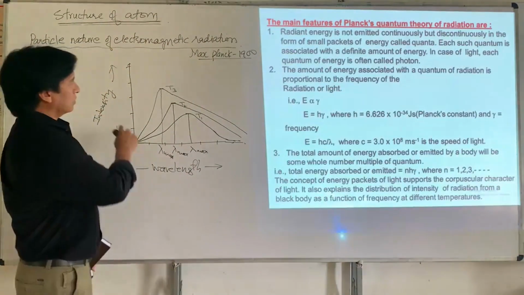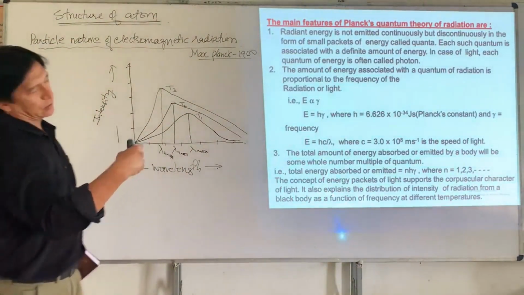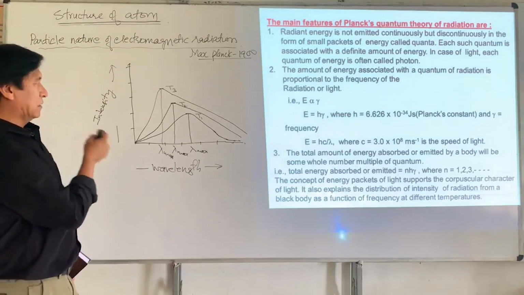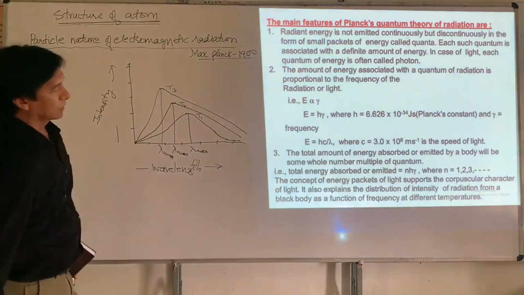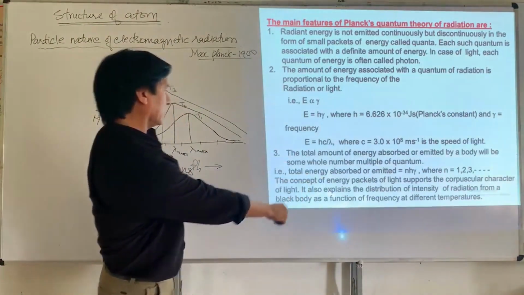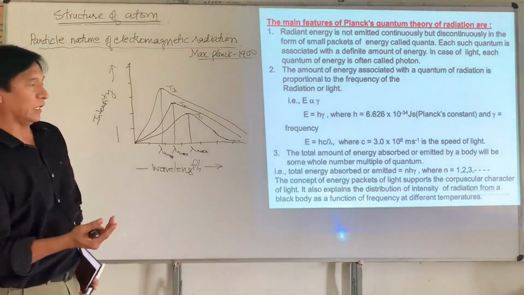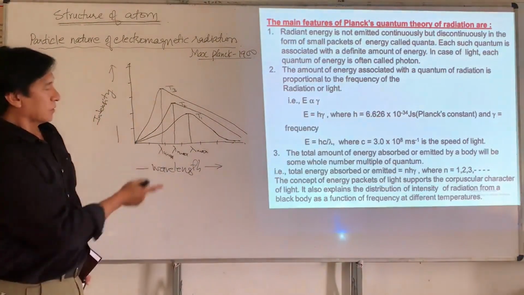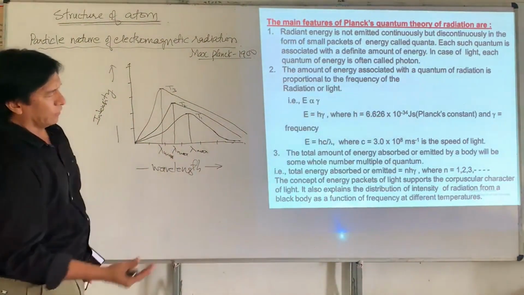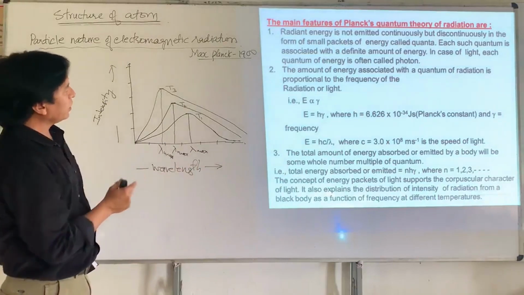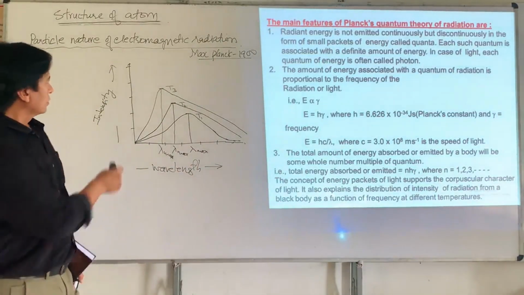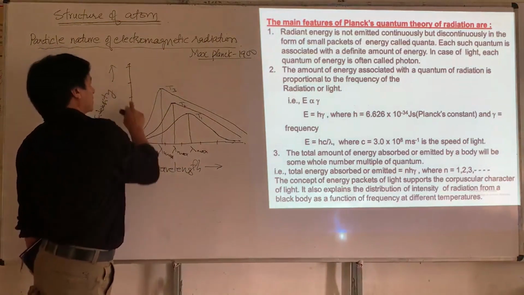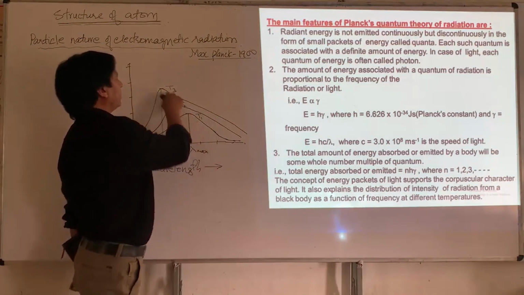So, to make things clear, Max Planck said that the intensity of radiation from a body, that is from a black body or any body for that matter, is a function of frequency at different temperatures. So the intensity here, you see intensity increasing with increase in the temperature.